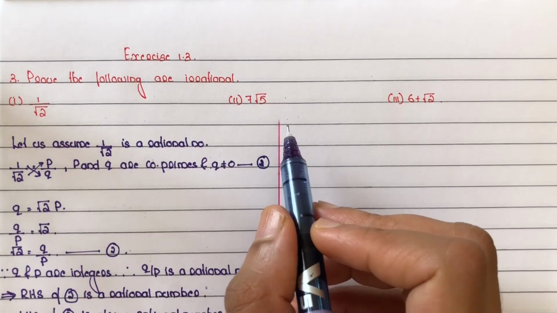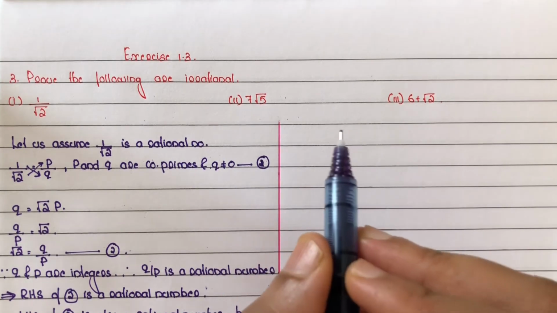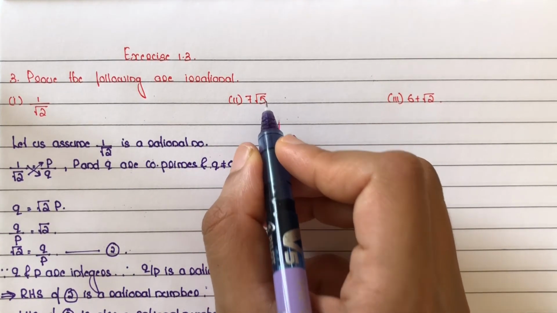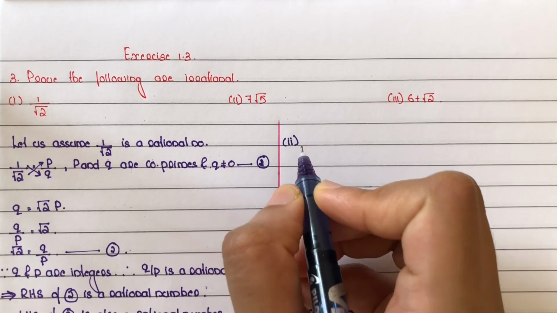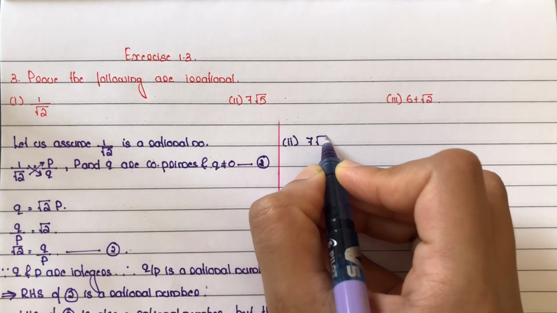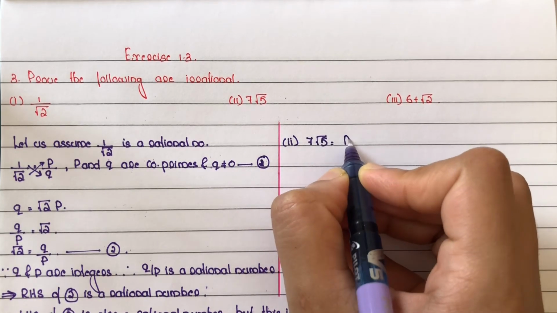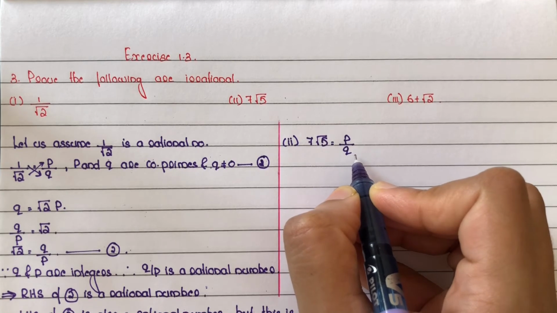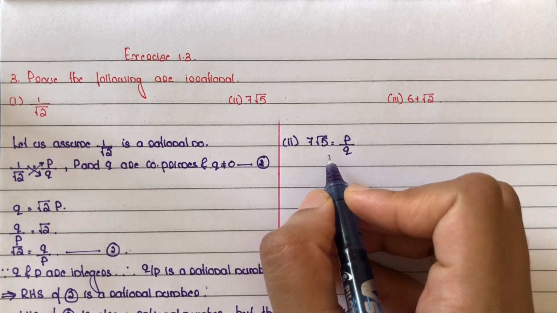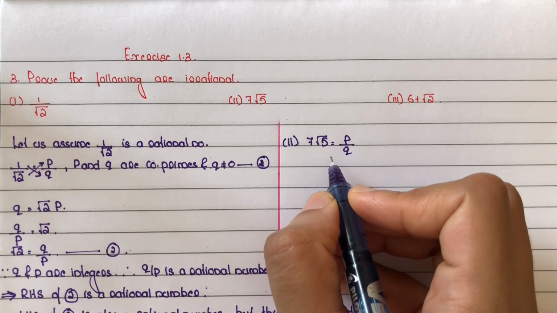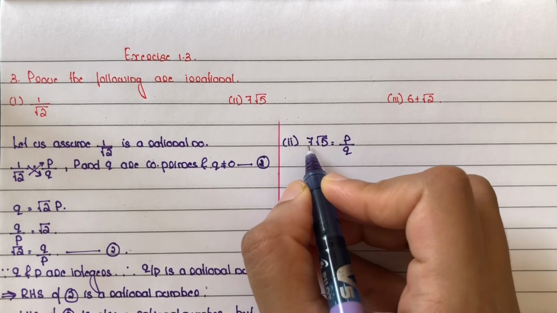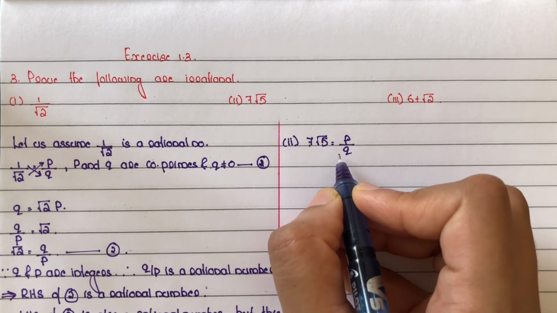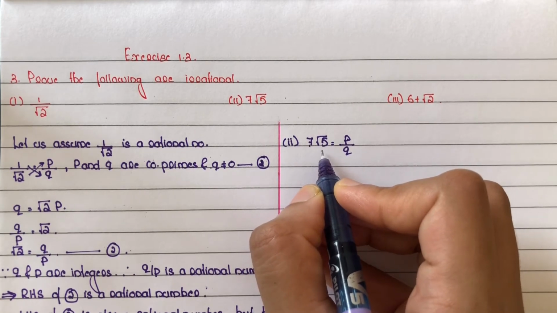Second question, we prove it the same way. First step, let us assume 7 root 5 is a rational number. Next, define 7 root 5 equal to p by q, where p and q are coprimes and q is not equal to 0. Next, we prove the assumption wrong. 7, p and q are integers, so the formed number is rational, and root 5 is irrational.